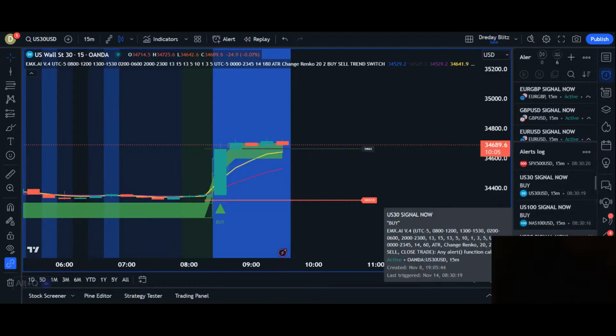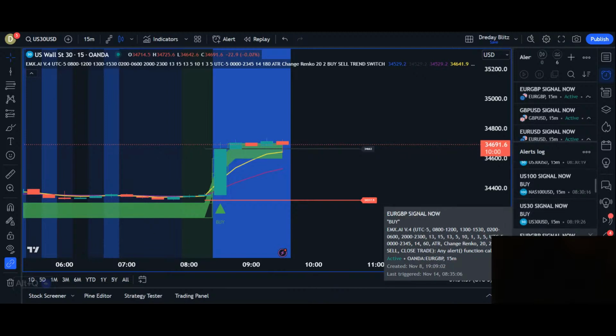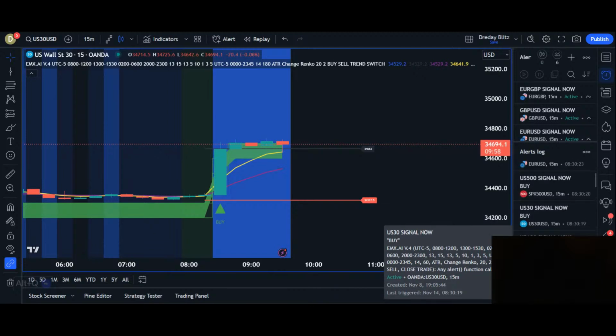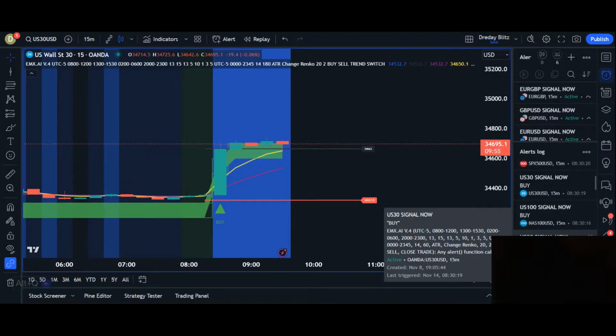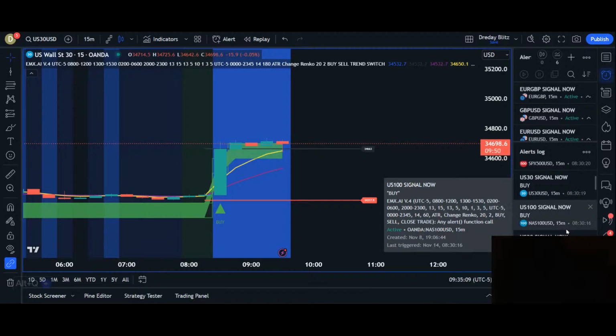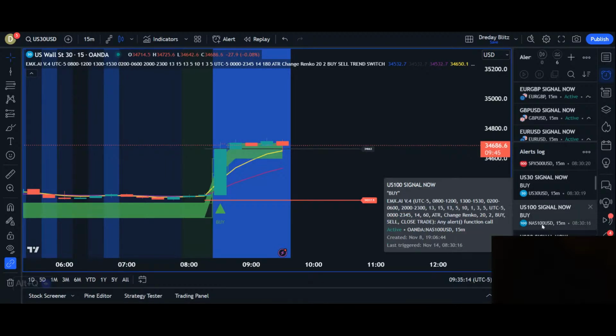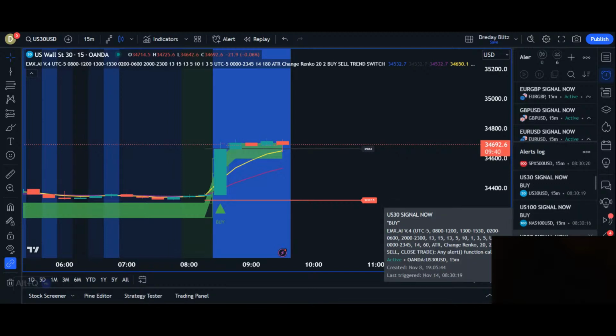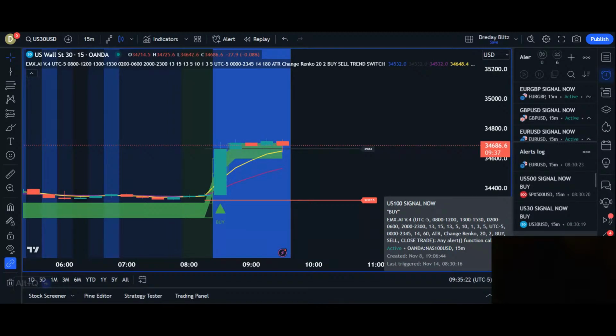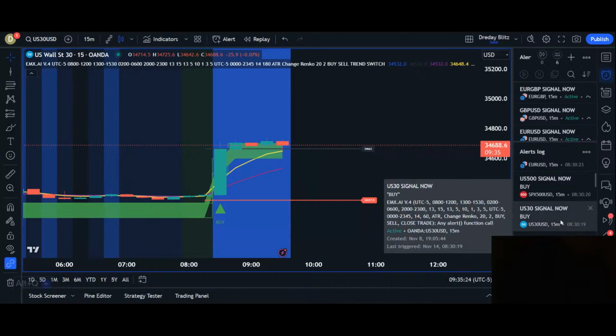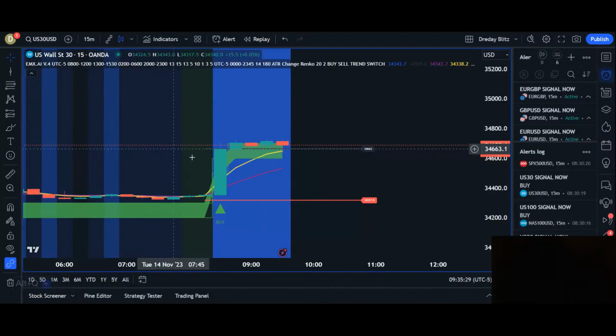If you look here, we had multiple entries for US 30. We had a trigger at 8:19, and another one at 8:30. Basically you would have two entries. At 8:30 was the US 100, but at 8:19 we had the signal here, and then another one at 8:30.